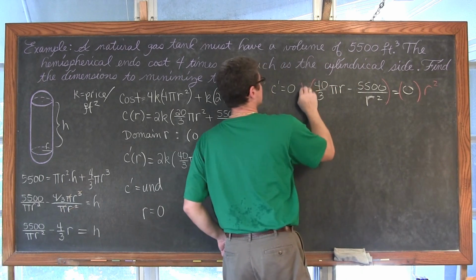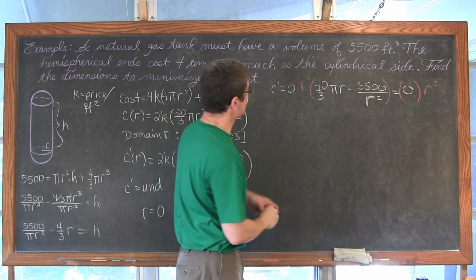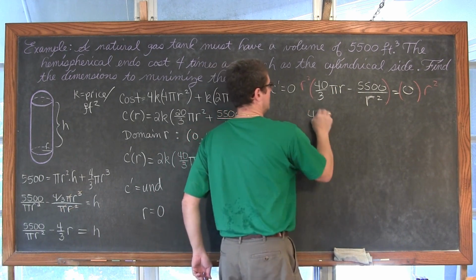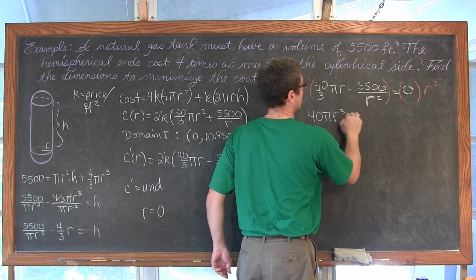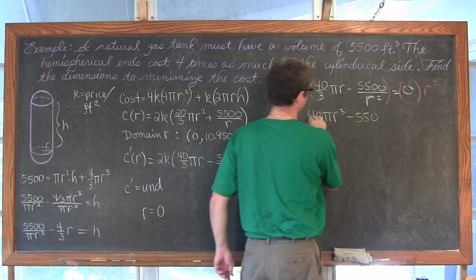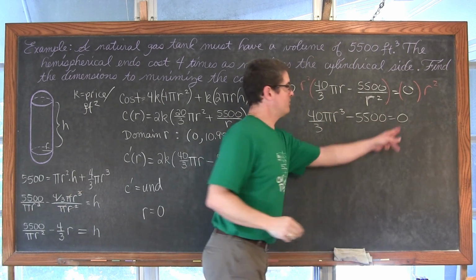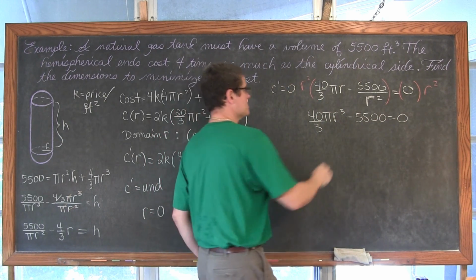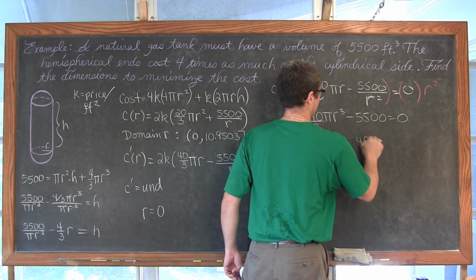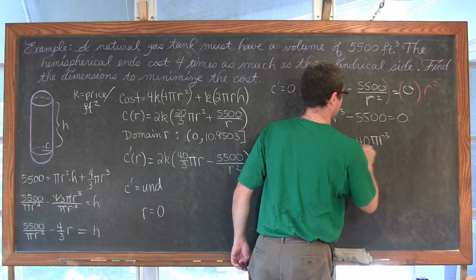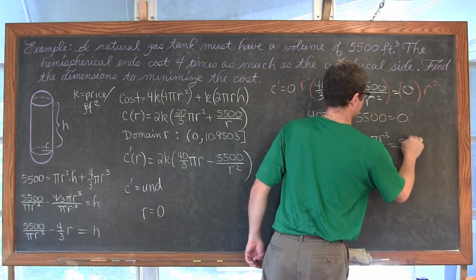That comes out to be 40 pi r cubed over 3 minus 5,500 is equal to 0. We're going to move that 5,500 over to the other side and get 40 pi r cubed over 3 equals 5,500.